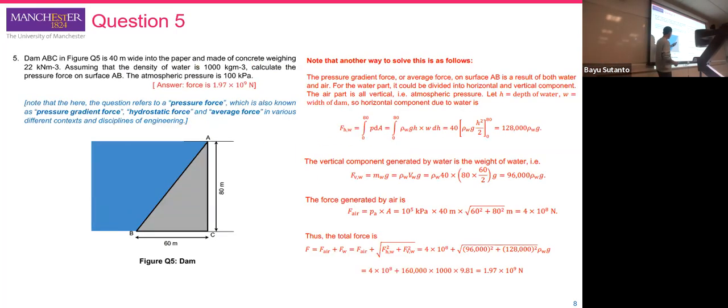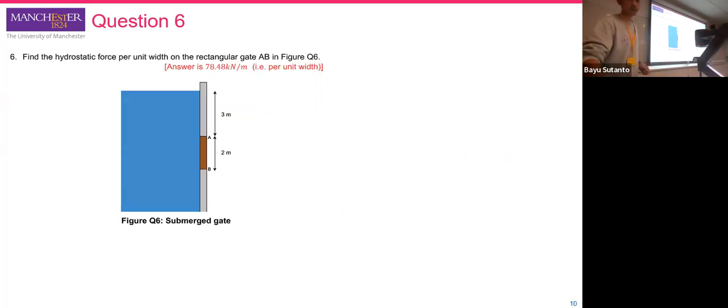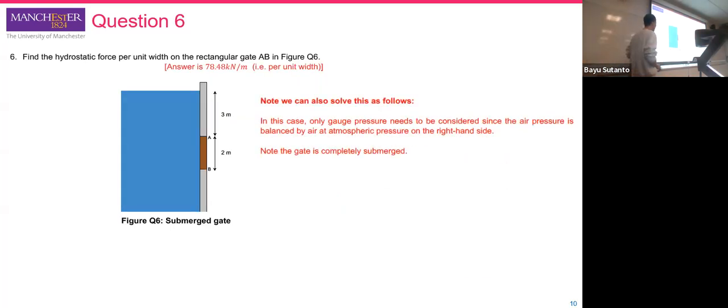We needed to calculate the air because AB are not in one line, they are only exposed to absolute pressure, and the other line is not exposed to atmospheric pressure. But in case number 6, if we calculate the atmospheric air coming from the top, we need to cancel the force coming from the left side. So we only need to calculate the gauge pressures.